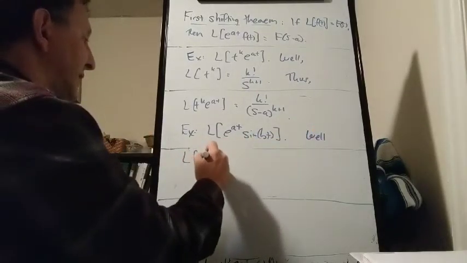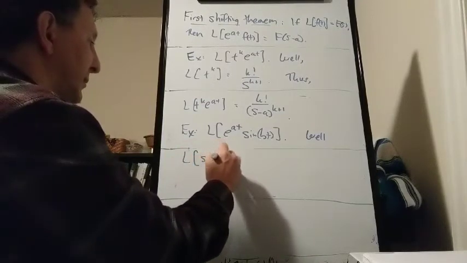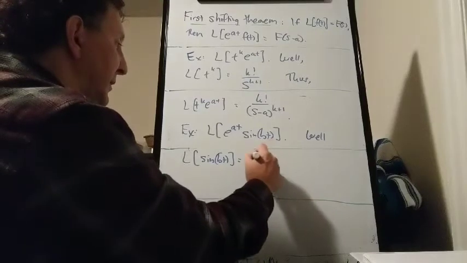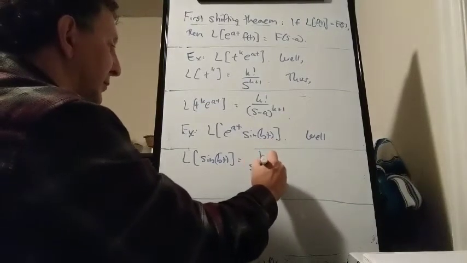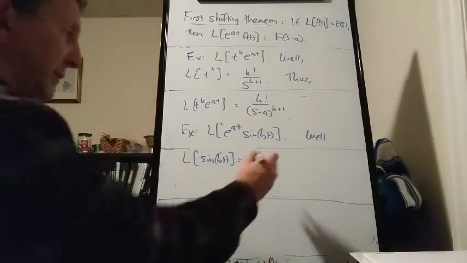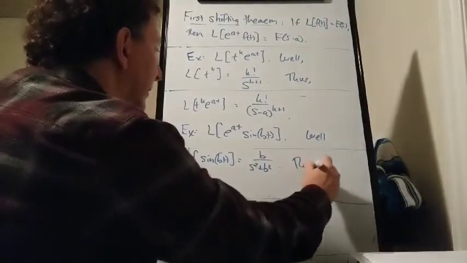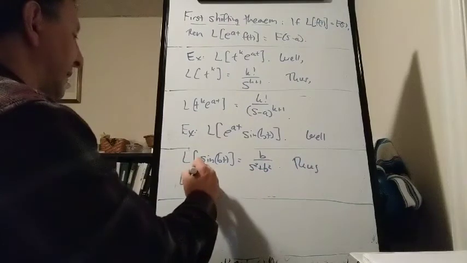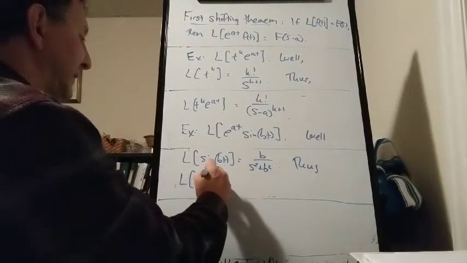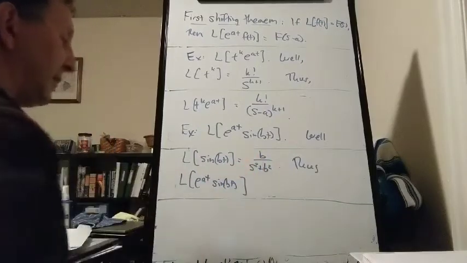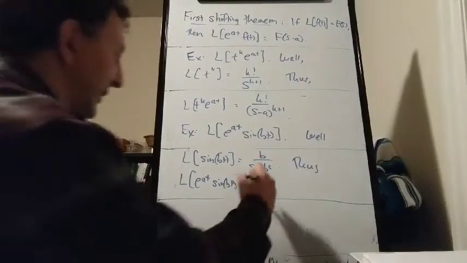Well, if we just had the Laplace transform of sine of bt, then that would be equal to b over s squared plus b squared. So if we take the Laplace transform of e to the at times sine of bt, we write the same thing but replace every s with an s minus a.